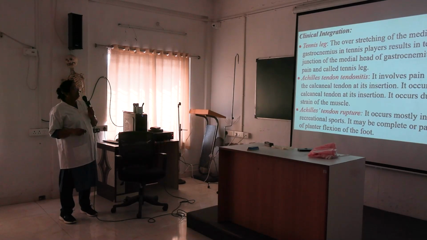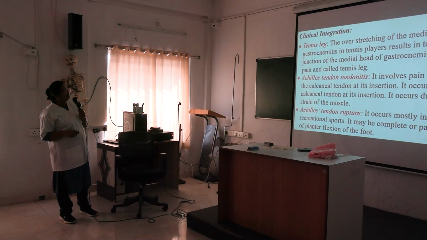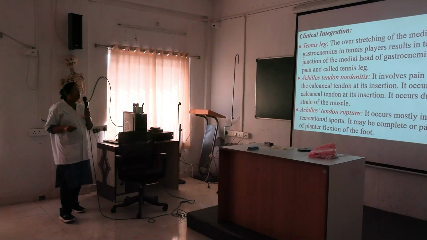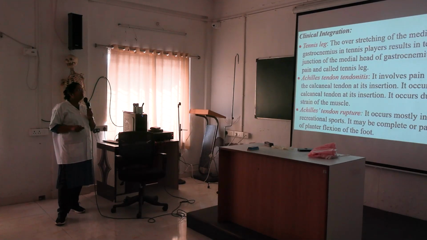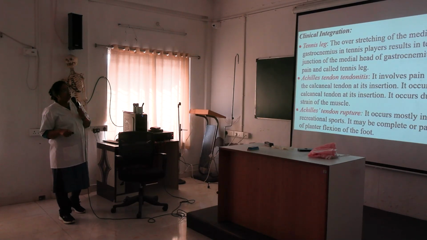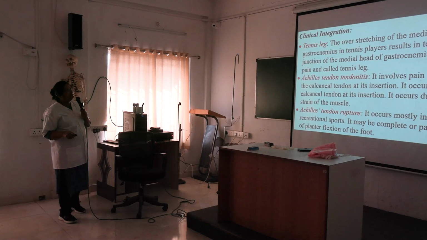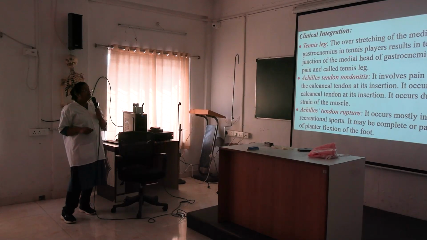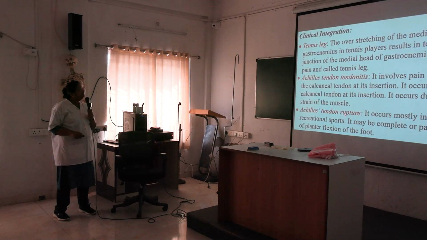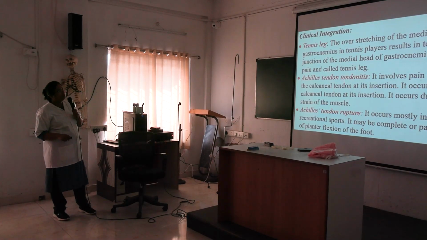Next, another clinical aspects are tennis leg. The overstretching of the medial head of gastrocnemius in tennis players results in tear of myotendinous junction of the medial head of gastrocnemius, and it results in calf pain and is called tennis leg. Next is Achilles tendon tendonitis.